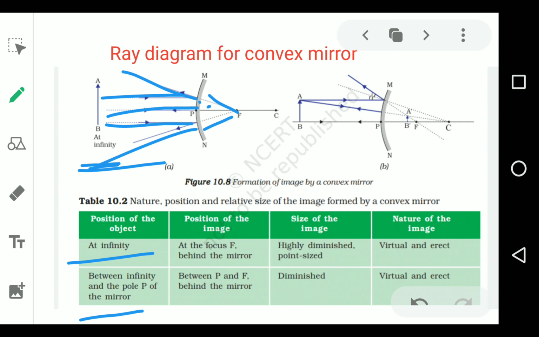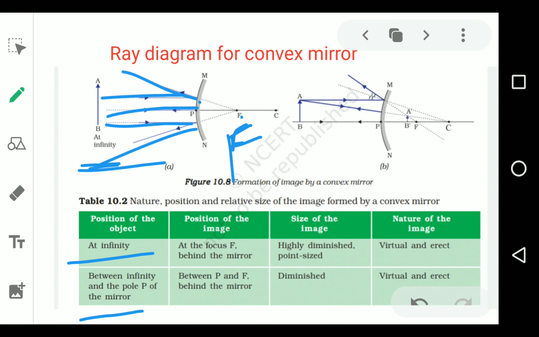The supposed reflected lines are represented by the dotted lines, and they meet at a point on the principal axis. That point is known as the focus, represented by F, and focus always lies on the principal axis.